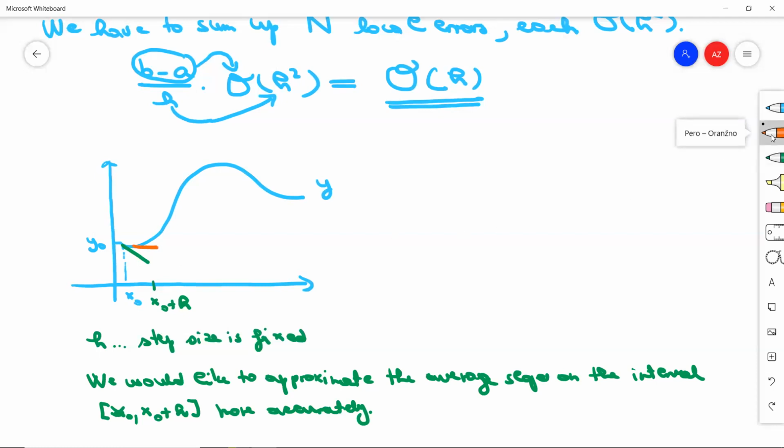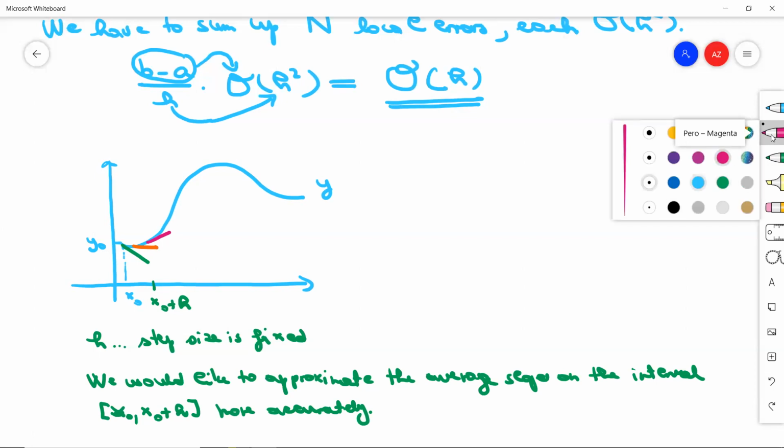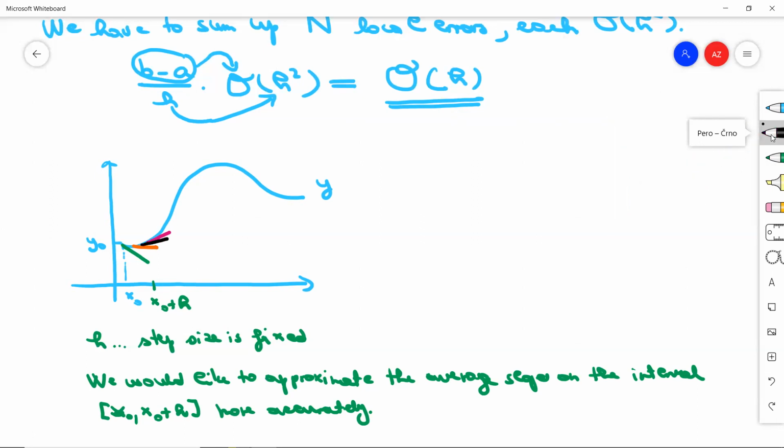So we compute more slopes at various points on the interval x0 to x0 plus h. I draw 4 of them, and we take some average.